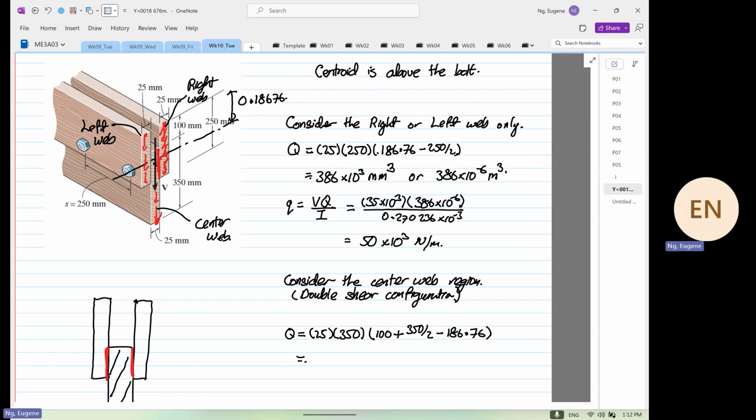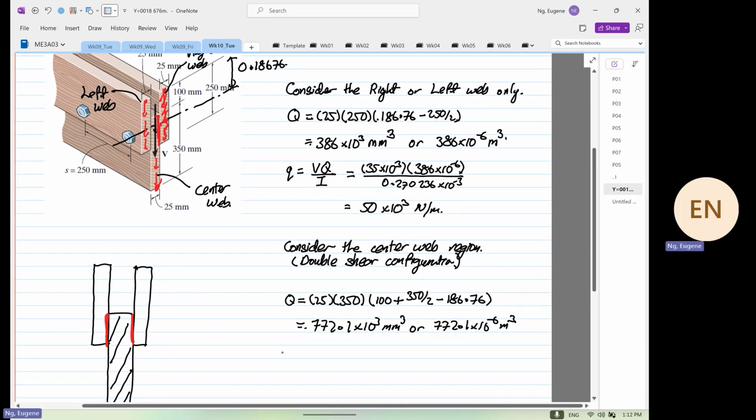It's equal to 772.1 times 10 to the power 3 millimeter cube, or 772.1 times 10 to the power minus 6 meter cube.